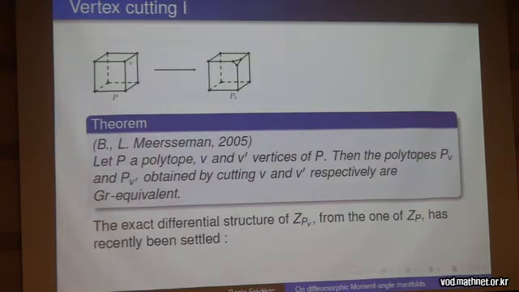In this case, the graded equivalence class does not depend on the vertex that we cut. If we cut two different vertices, that gives rise to two graded equivalent polytopes.